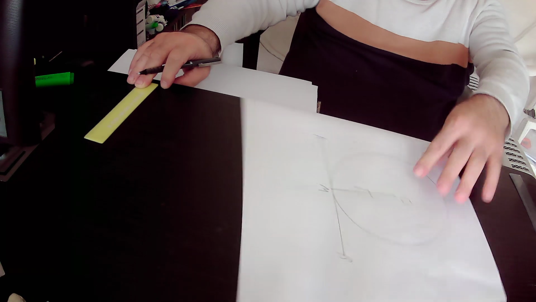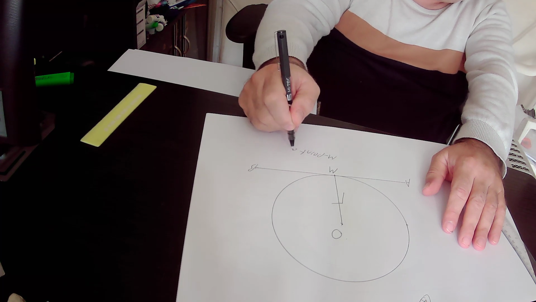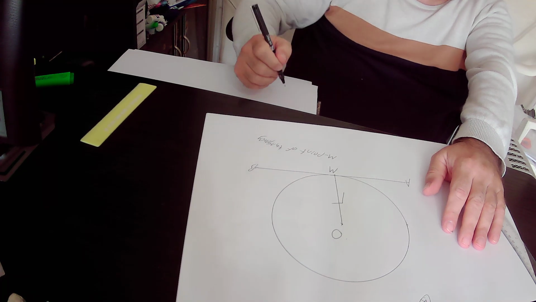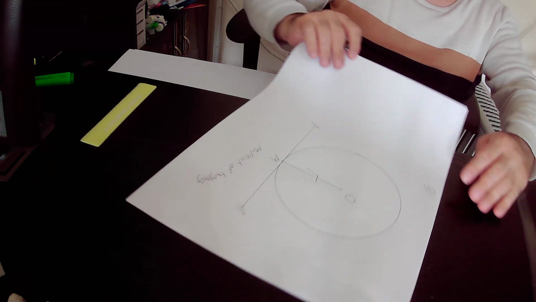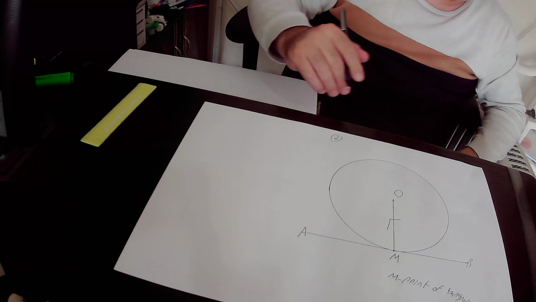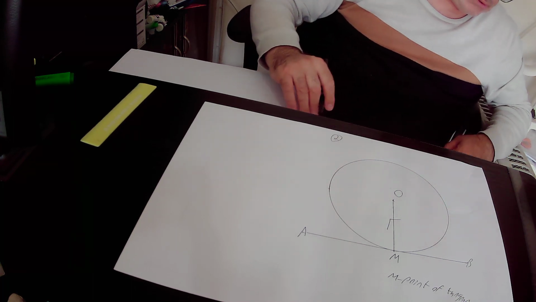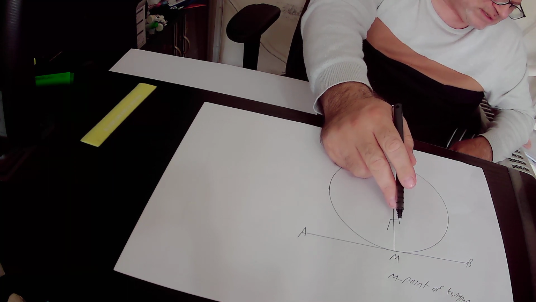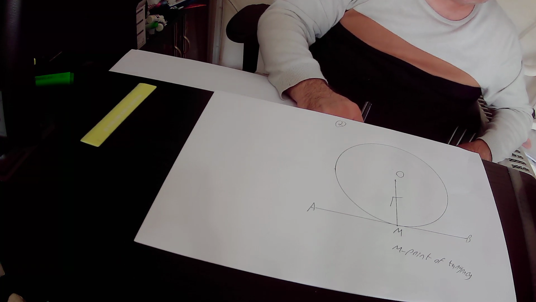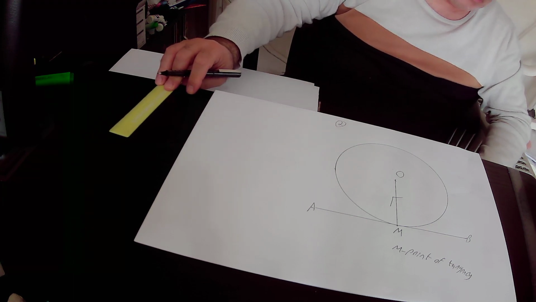I will repeat again. Point M is the point of tangency of tangent AB with this circle, and this radius OM is drawn to the point of tangency, that is to say it is drawn to point M. Then, according to rule number 1, a tangent to a circle, that is to say tangent AB, is perpendicular to the radius drawn to its point of tangency.